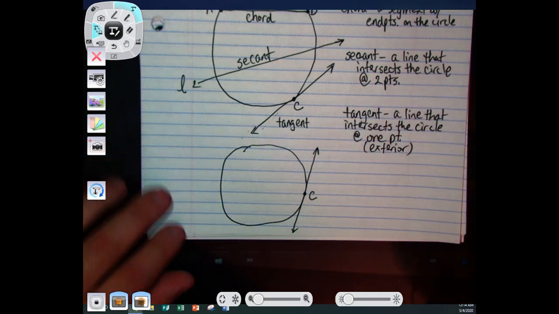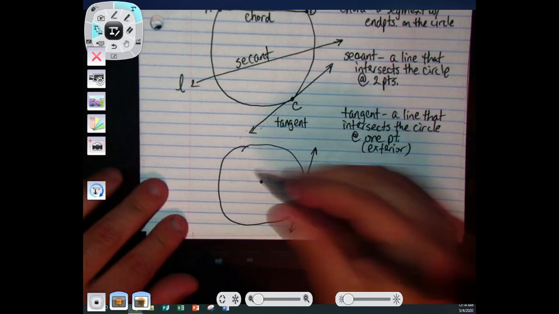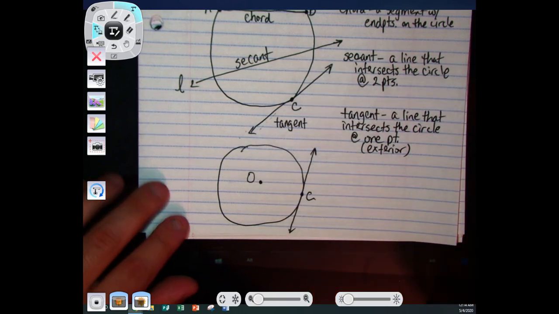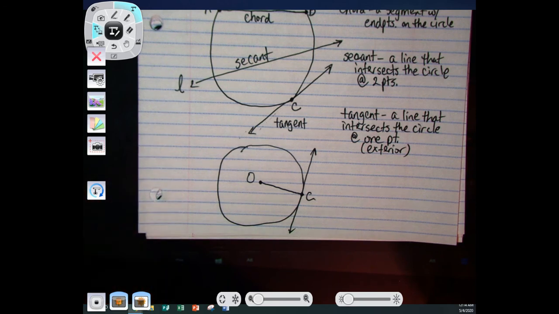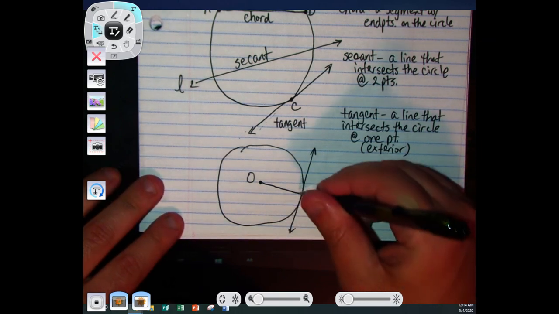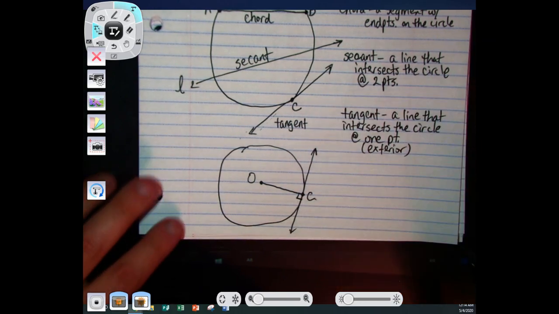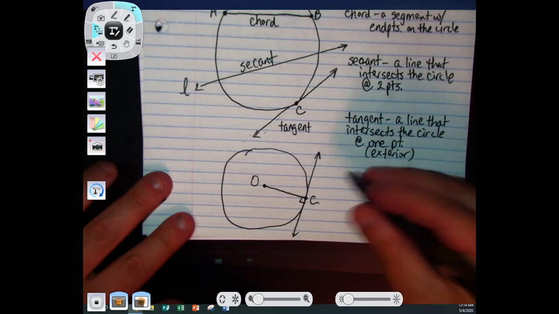So we'll call this point C. In the circle, I'm going to put the center of the circle in. We're going to call this center O, and we're going to sketch the radius. So one thing that you'll notice here is that the radius of a circle is perpendicular to the tangent.